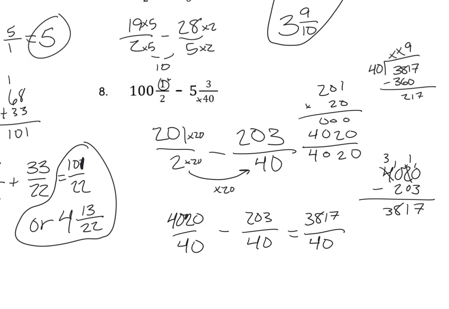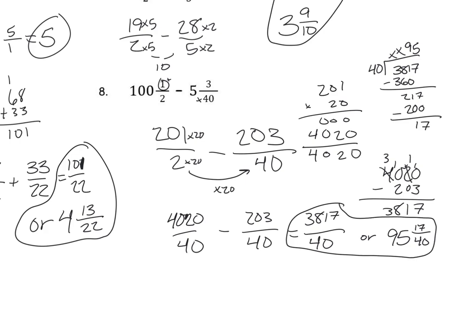Okay, it goes into 217 5 times. And left with the remainder of 17. So we can take that as our answer, or we could say, hey, 95 and 17/40. Any one of those work.